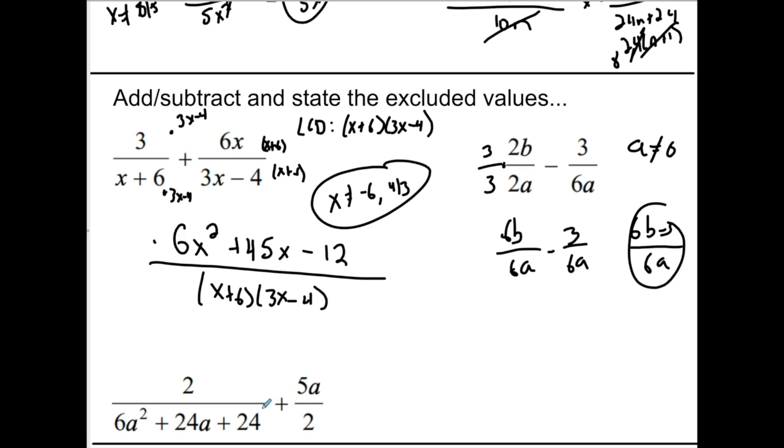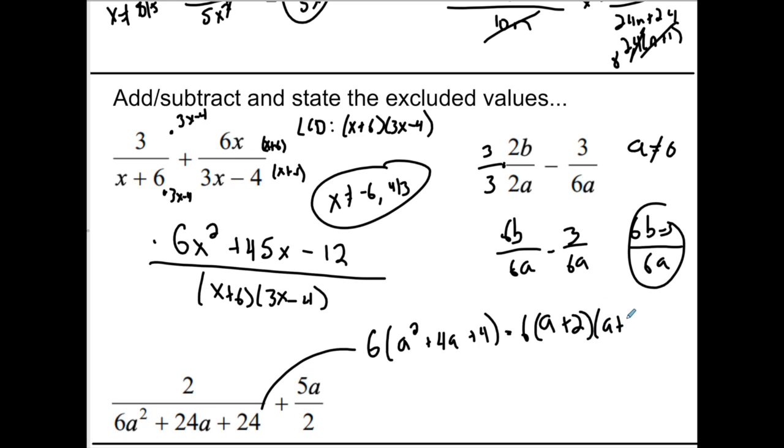All right, last but not least, let's start by factoring this. So there's a 6 as a GCF. A squared plus 4a plus 4, which is 6 times a plus 2 times a plus 2.